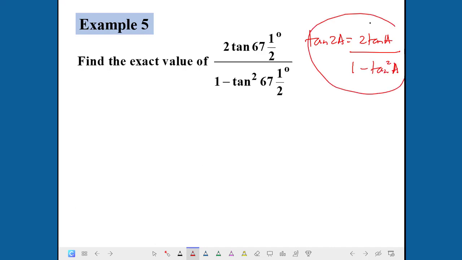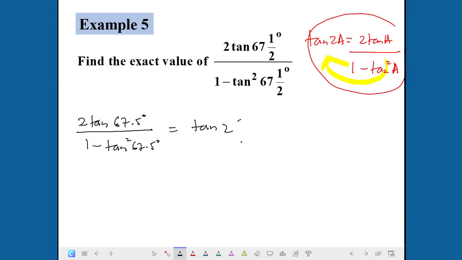We're going to use this, starting from right to left. Here A now becomes 67.5 degrees.